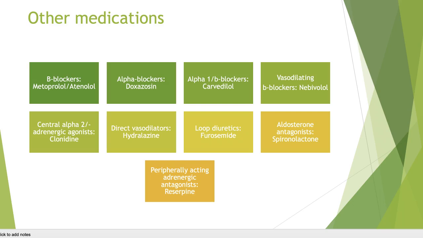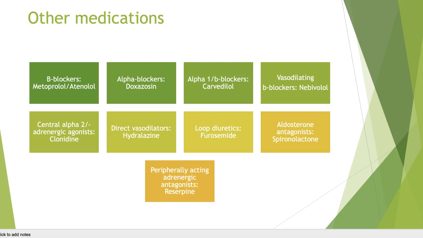Beta blockers do not work as well for blood pressure management, but you will see patients that are on beta blockers for their blood pressure. The central alpha 2 medications like clonidine, I would really reserve this medication for someone who has been really intolerant to the other classes of medications.